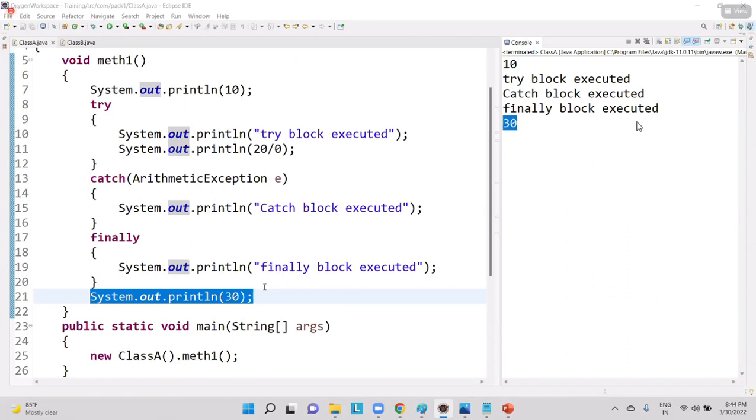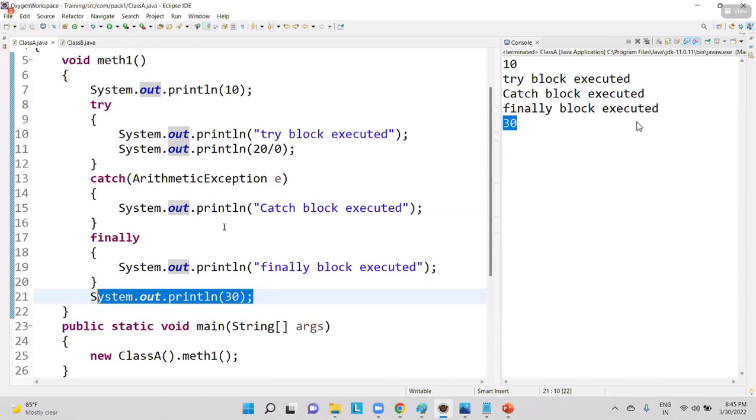Okay. So, guys, I believe you understand the concept, right? Now, what I want to say is, I want to display exception information to the user. Please tell me, what is the super class for all the Java classes? Object.